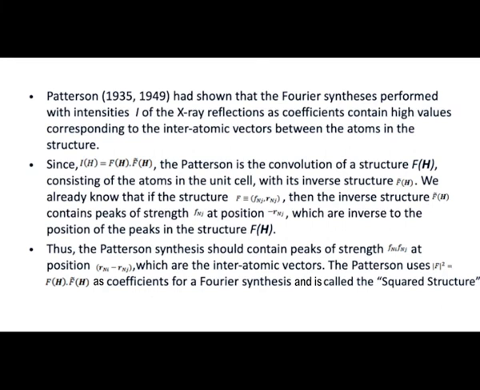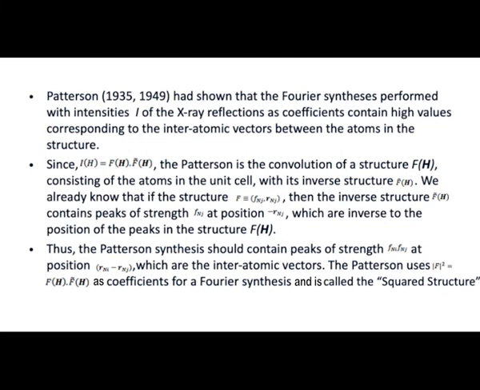We already know that if we define a structure F as containing f of nj at position vector r of nj, then the inverse structure F dagger h will contain peaks of strength fnj not at position rnj but at the inverted position minus rnj.